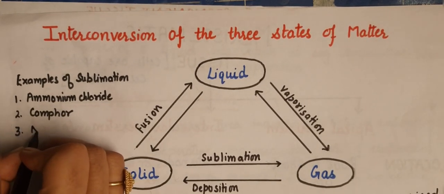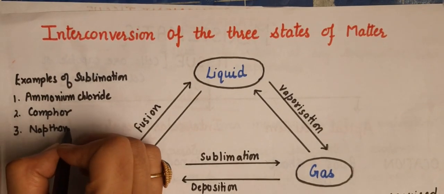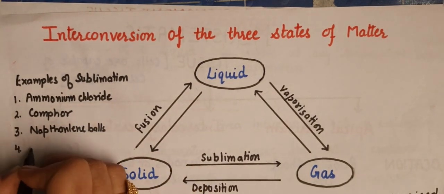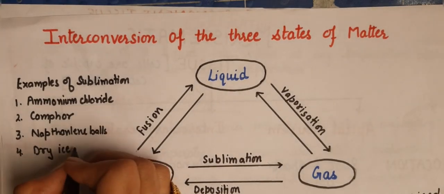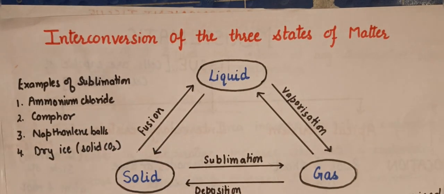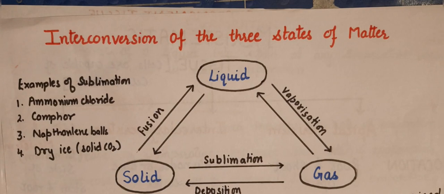Third, naphthalene balls. And dry ice. Do you know what dry ice is? Dry ice is solid carbon dioxide. We call solid carbon dioxide dry ice. And these are the examples of sublimation. So when a solid directly changes into gas, that process is called sublimation.